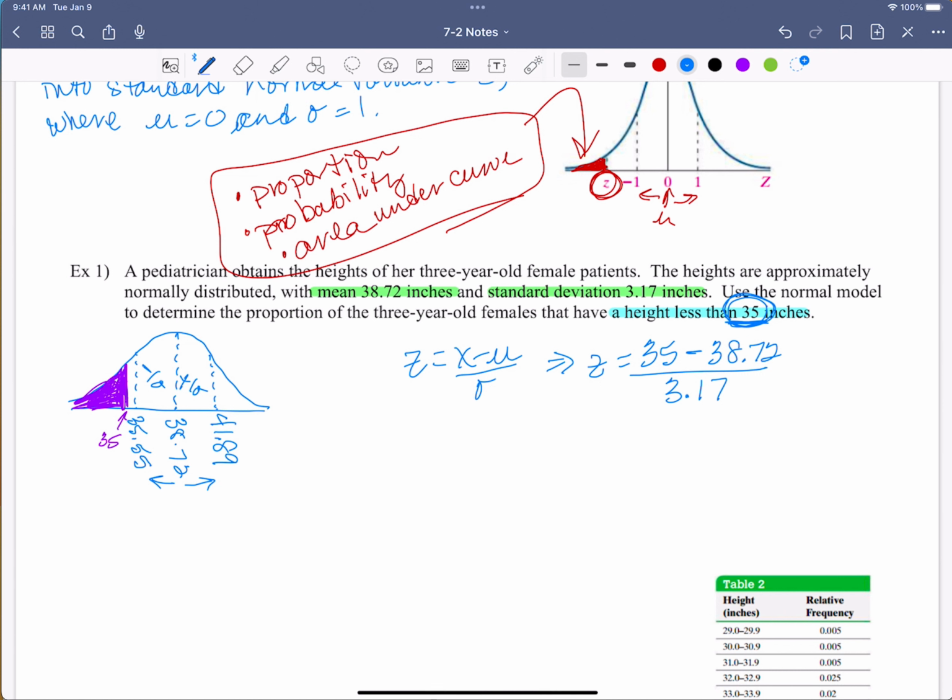Make sure you put parentheses around this numerator, because your calculator is going to do order of operations. It needs to know that this is all in the numerator. Okay, and what do you get? I get negative 1.17, 2 decimal places.